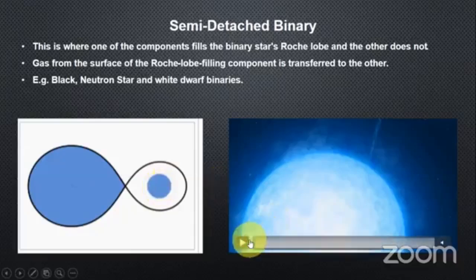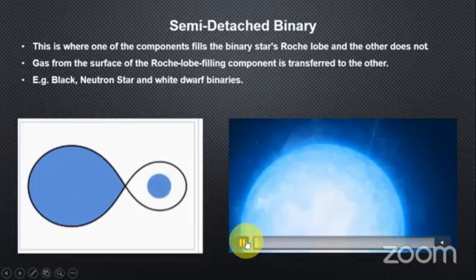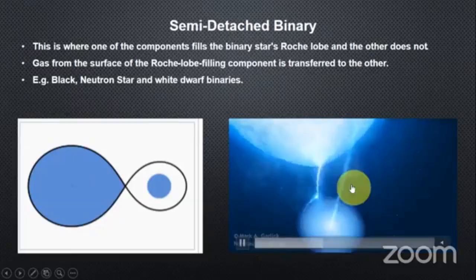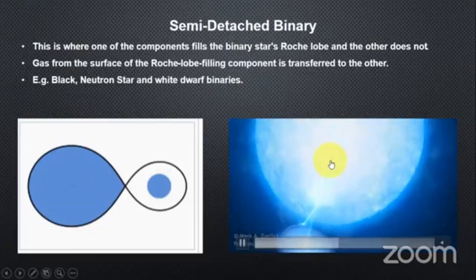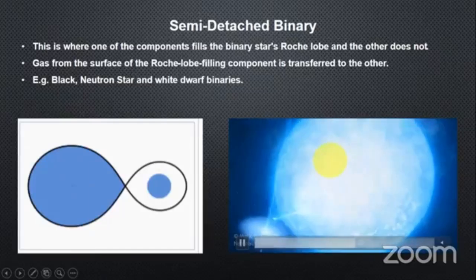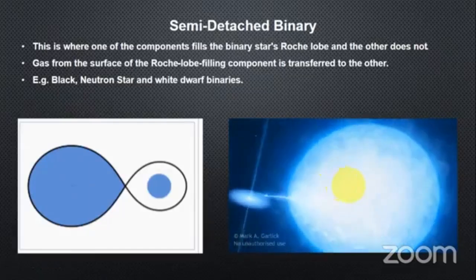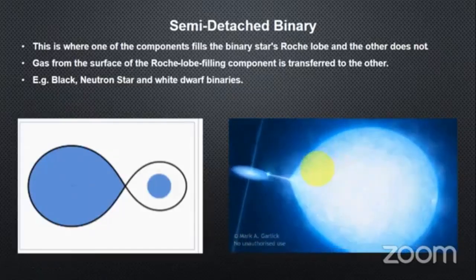Here's an example of such a system. We've seen that before. Examples are black hole binaries, neutron star binaries, and white dwarf binaries. So you have this blue giant star. It has inflated so much that some material is being taken away from it.